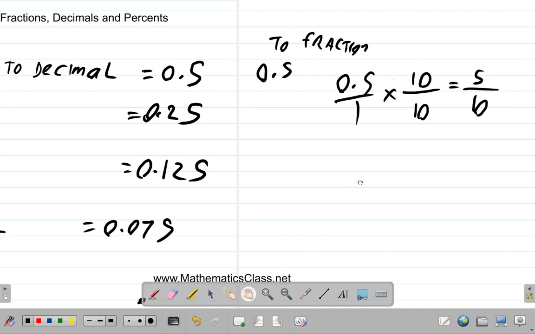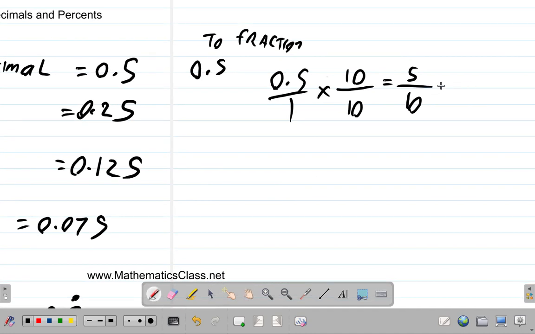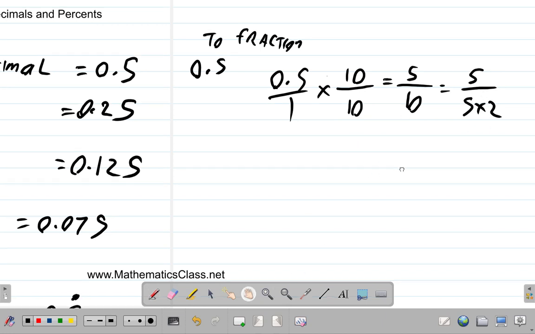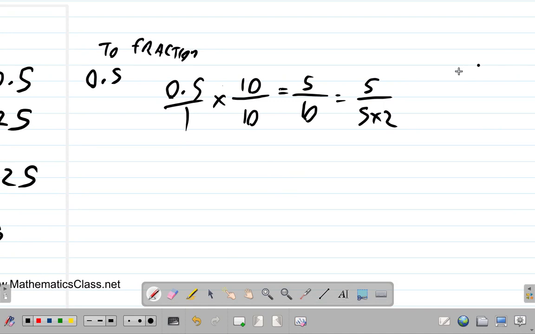Now you cancel and ask how many 5s you have in 10. Or another way to do it is to say 5 over 5 times 1 over 2. But 5 over 5 is 1, so 1 times a half, and the answer is a half.